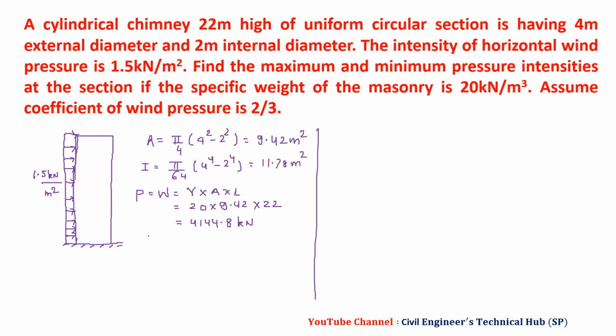Then we have M. Now we know the total load will act overhead. I will say PH, and this will act at H by 2. And H we have 22, so H by 2 will be 11 meters. Then we have PH, the horizontal force due to wind, that is equal to wind intensity multiplied by projected area.